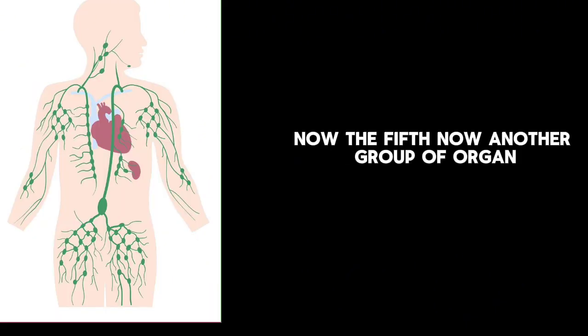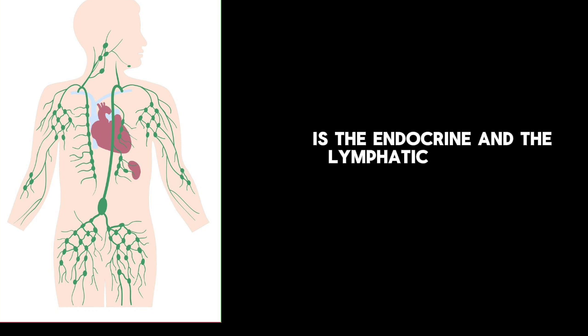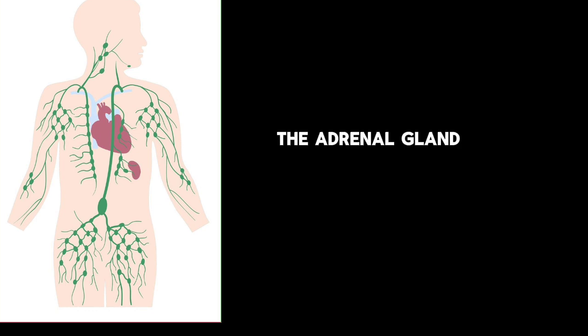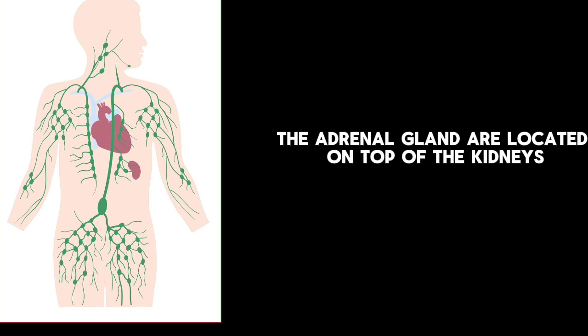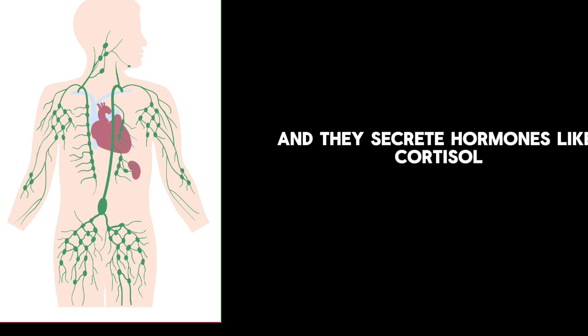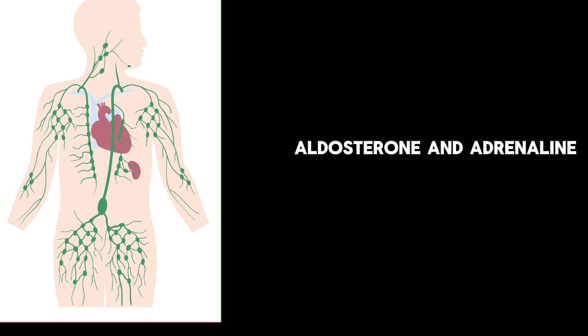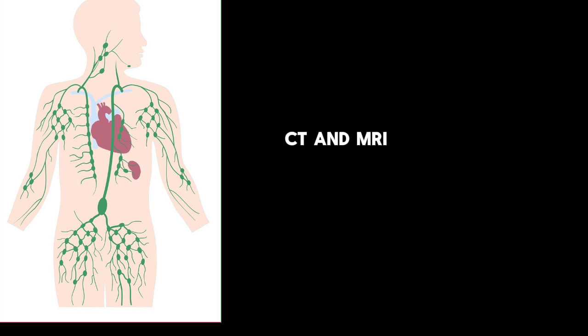Another group of organs is the endocrine and the lymphatic structures. The adrenal glands are located on top of the kidneys and they secrete hormones like cortisol, aldosterone, and adrenaline. CT and MRI are used to assess adrenal adenomas and hyperplasia.